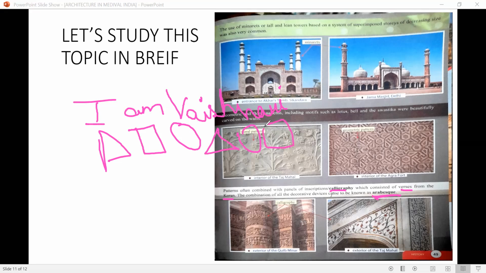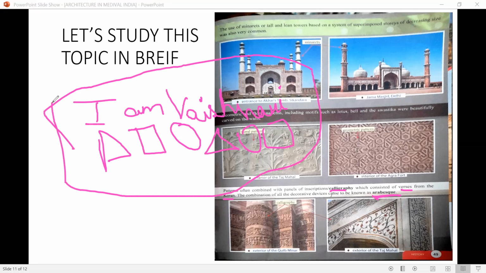Like this, I have drawn some patterns all over here also. And then I have just created a signboard like this. So this is known as the Arabesque, when we have some patterns and some calligraphy also. So this will be known as the calligraphy, or we can say the Arabesque.